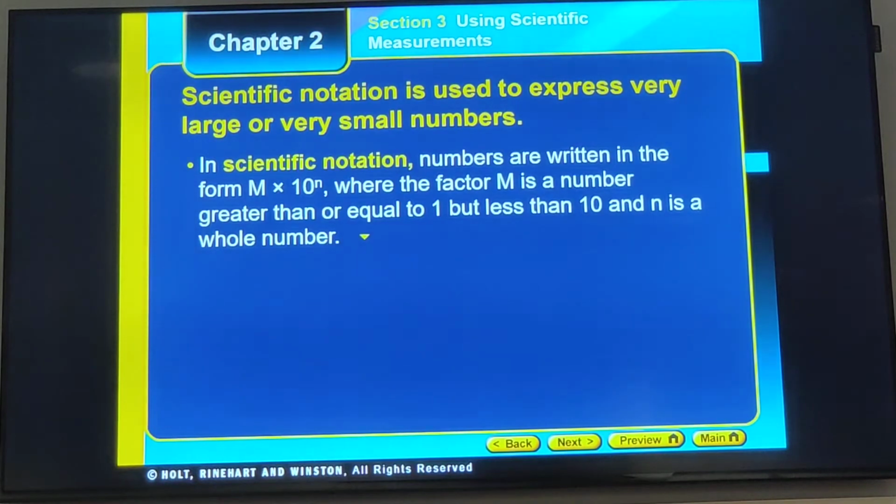Now, the form that scientific notation takes, you see on the second line where it has capital M times 10 to the n. The M is going to be the number. It has to be greater than 0 but less than 10, so in other words, from 1 to 9.